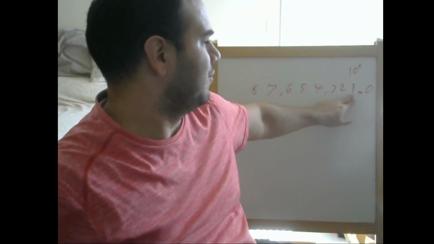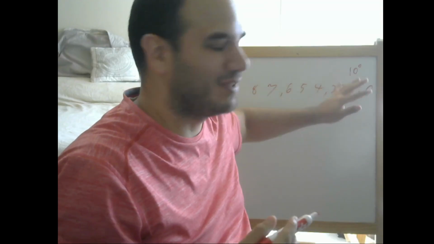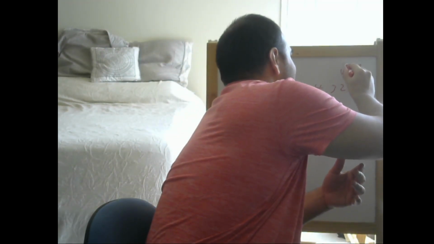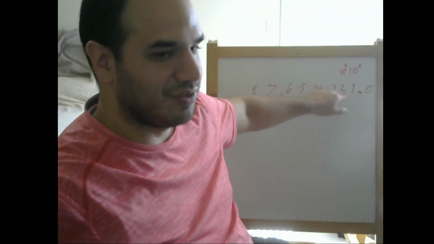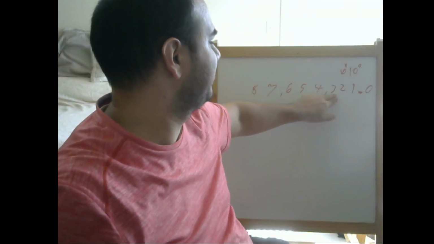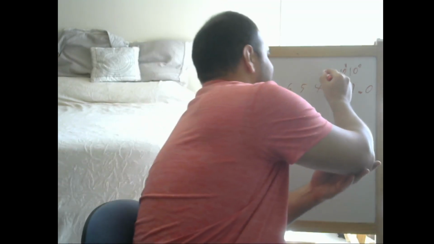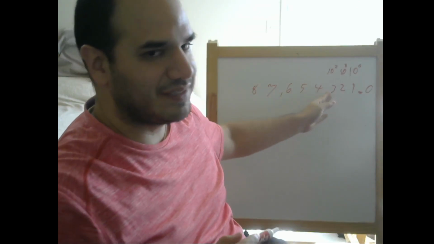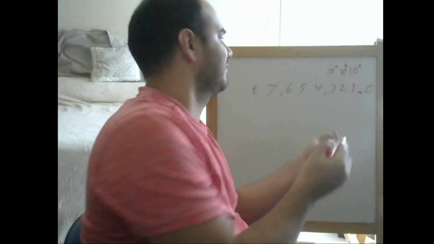So we have a 1 in the ones place. A 2 in the tens place. A 3 in the 100s place.